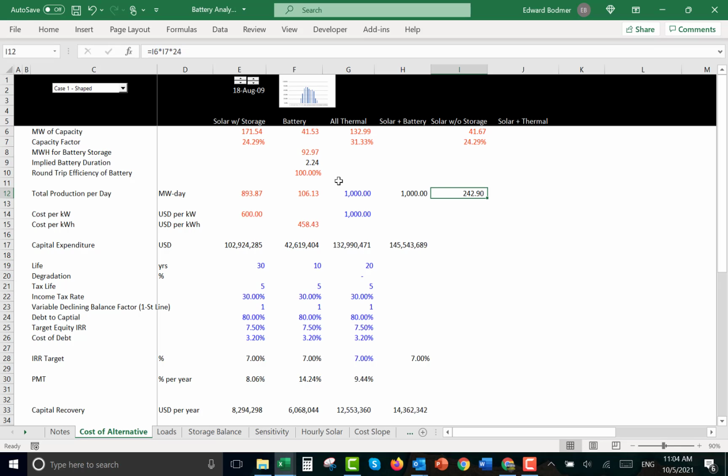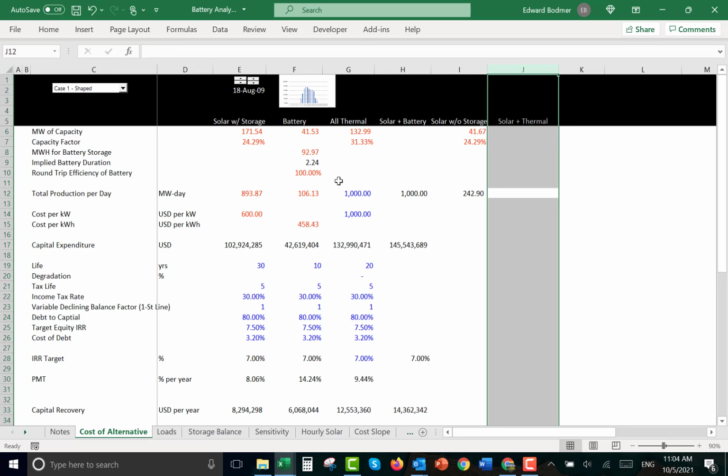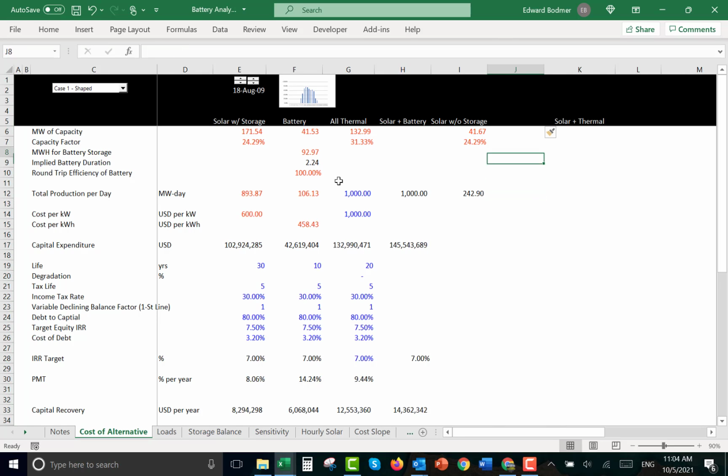I hope I'm not doing this too much, and then we'll put our thermal. I put slash storage. Okay, and that means we've got to get the total amount minus the amount we produce for solar. Okay, so we get started here.